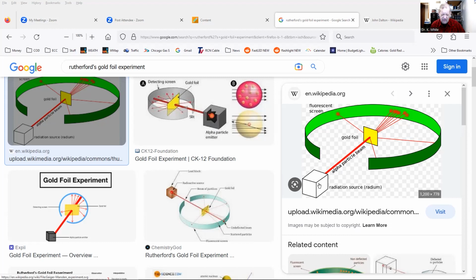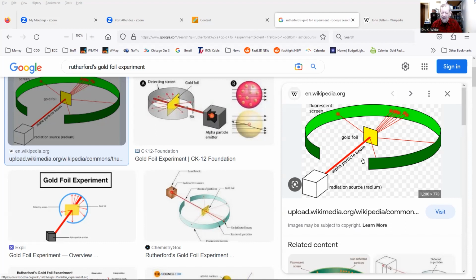Actually, he did, and I'll explain that in a second. A very high-powered particle, and it was an alpha particle beam. And this is like shooting a cannonball at a piece of tissue paper or Kleenex or Puffs. And you would think it would go boom right through.